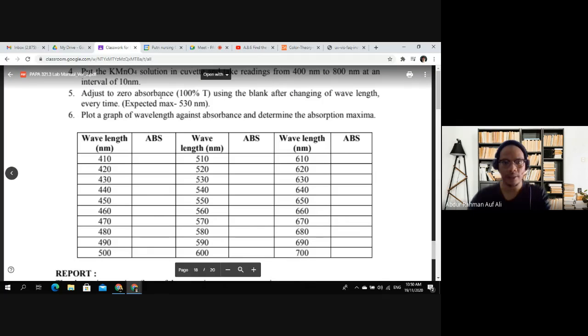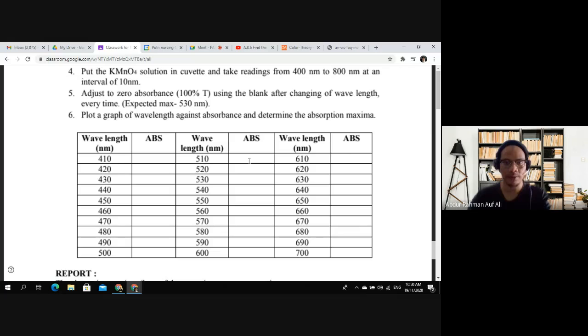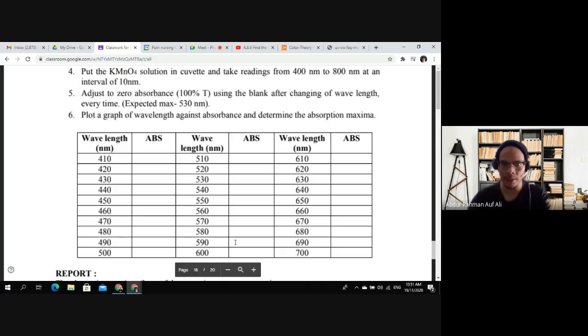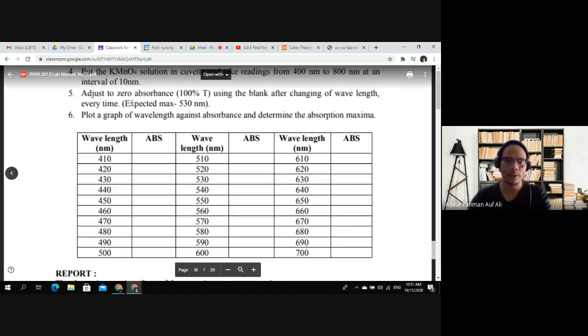So here we can see at which wavelength the absorbance is highest. So we can know where the highest wavelength is, lambda max. Say when we fill in all of this, the absorbance is highest at 590. So we know, 530 here as expected, 530. So after we fill up all of the absorbance values, we see 530 is the highest.